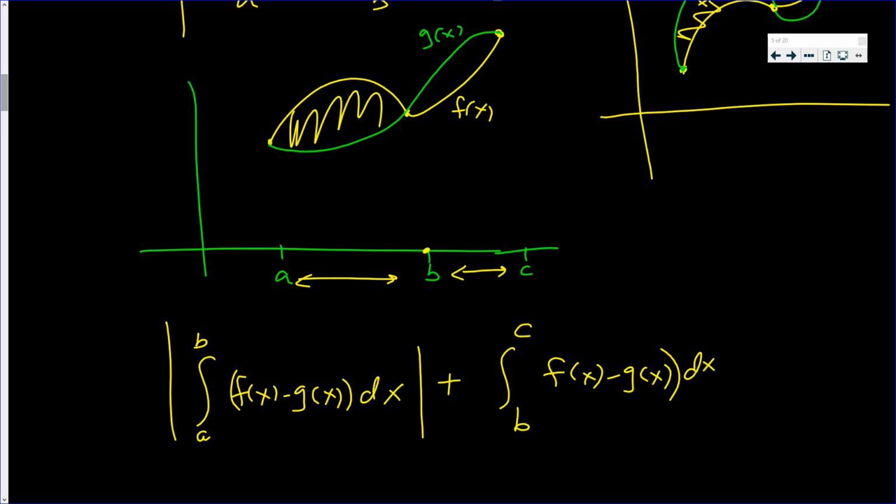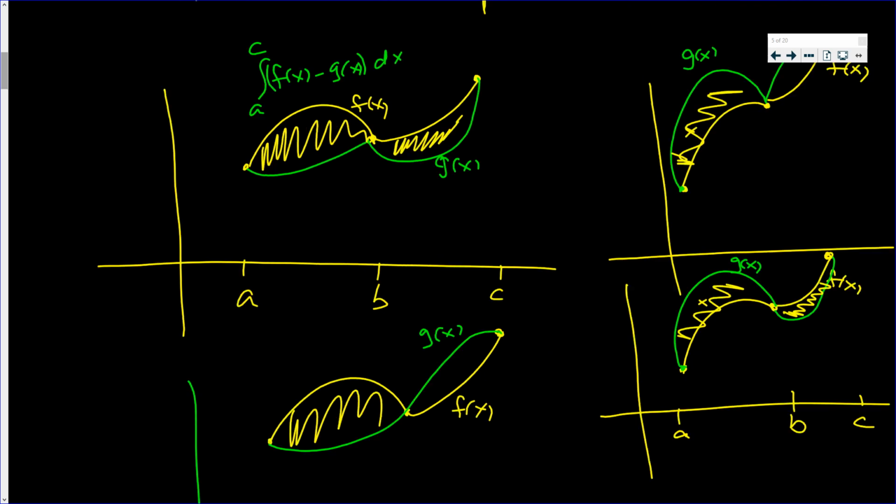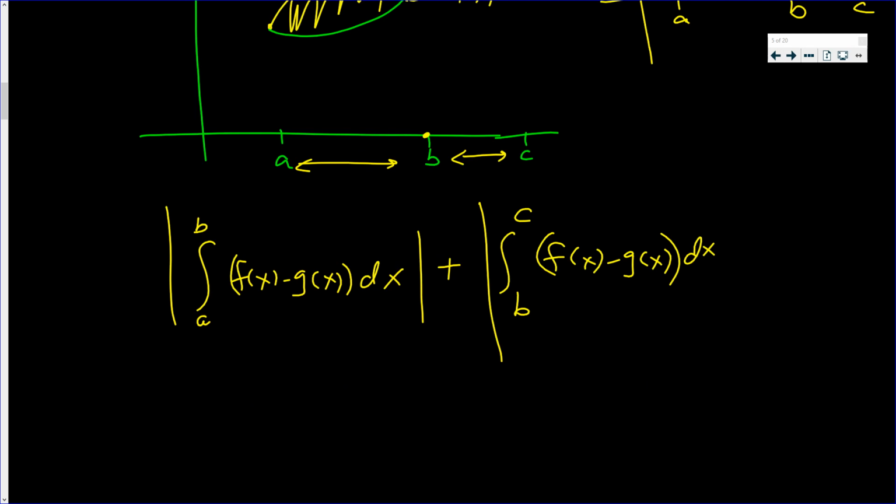And the f function's on top here between b and c. Okay, but maybe it wasn't on top. Maybe the g function was on top. So I take the absolute value. That will take care of this case where I was wrong. The g function was on top. And it will take care of this case where the g function was on top.